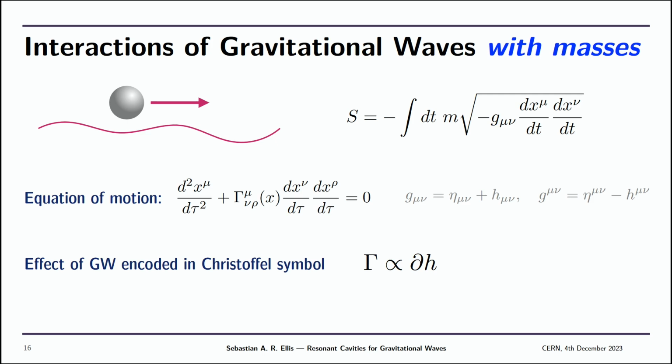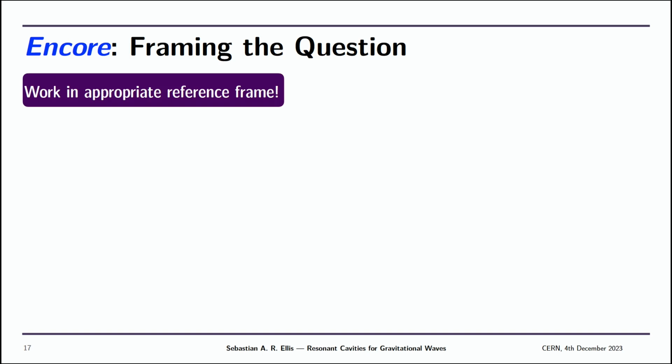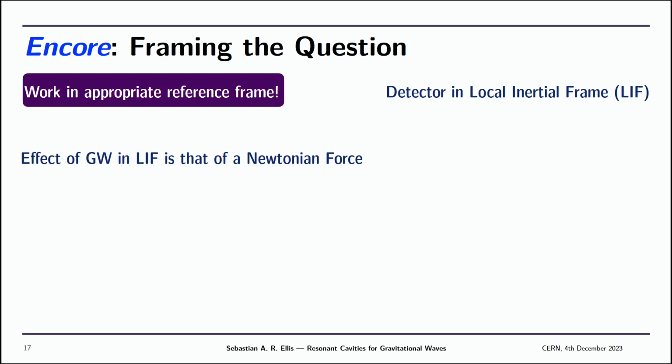You'll also remember that I can work in the local inertial frame, and so that's what we're going to do again for the case of when matter is the ruler. As those of you who have looked into the subject a lot will remember, the effect of a gravitational wave in the local inertial frame can be written like a Newtonian force acting on an object.